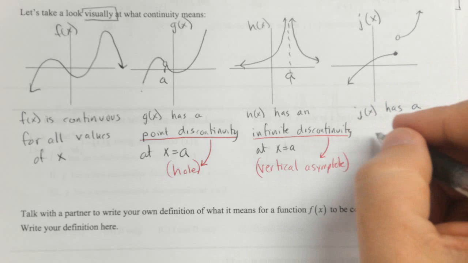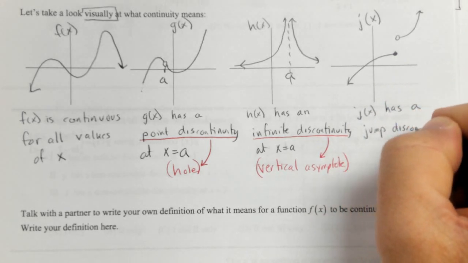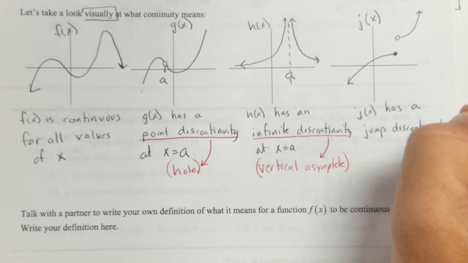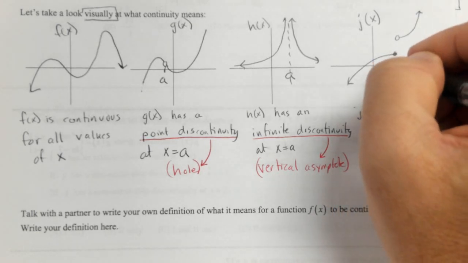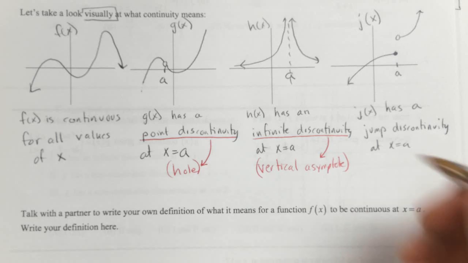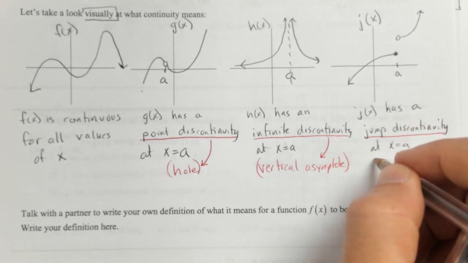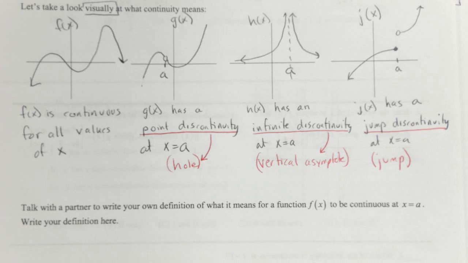Jump, a jump discontinuity at x equals a. We put a right there. I guess that's the one whose name makes the most sense because it's a jump discontinuity at a jump.